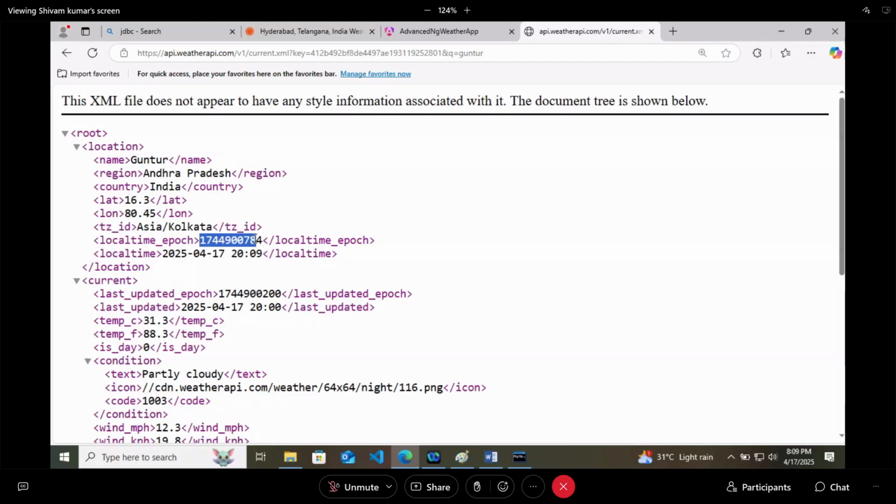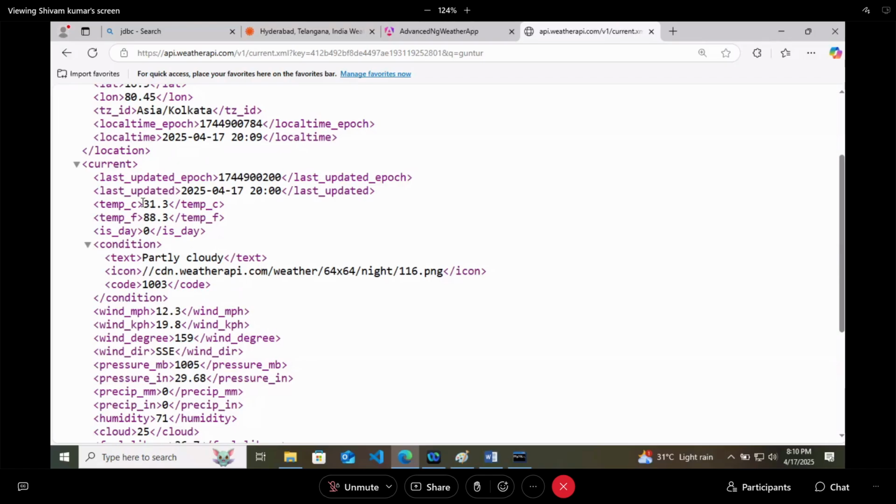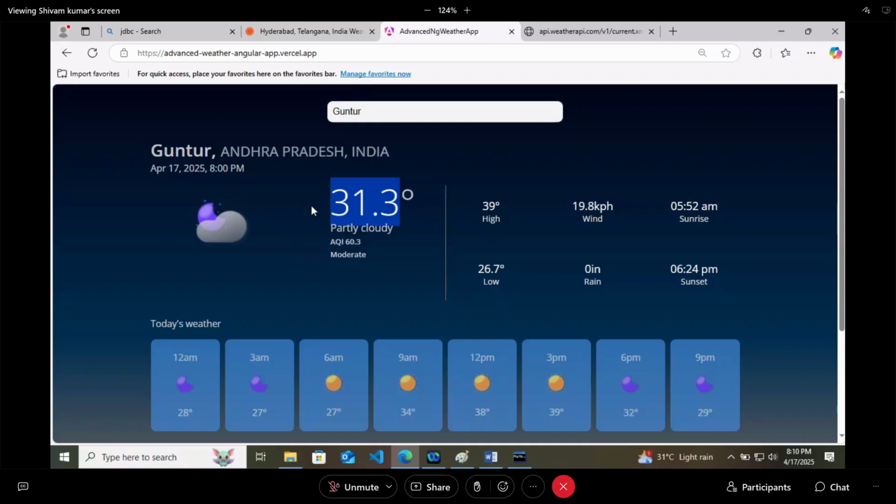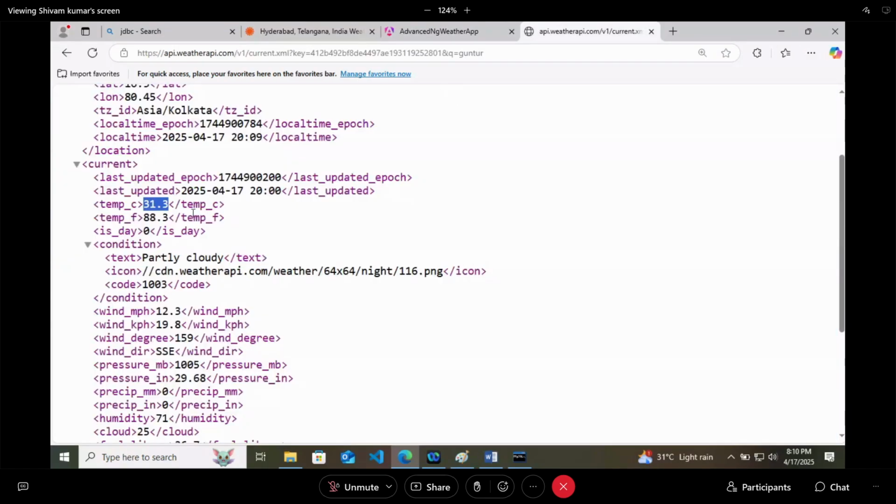Let's say I search the temperature of Guntur, which is coming as 31.3. The same temperature, 31.3, is here too.